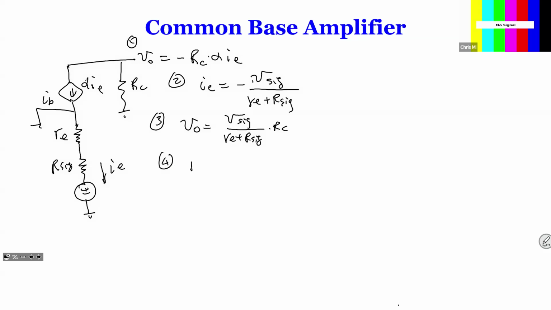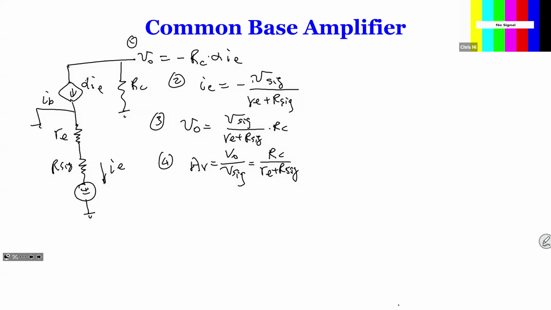So therefore, step 4, we get AV equal to VO over VSIG, and we have AV calculated. That is fairly simple.